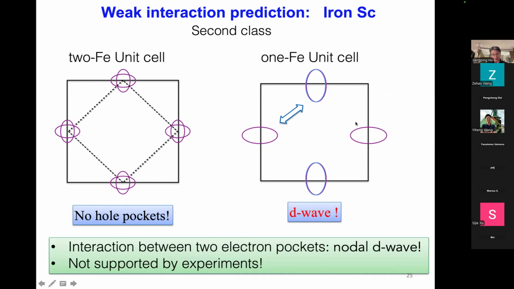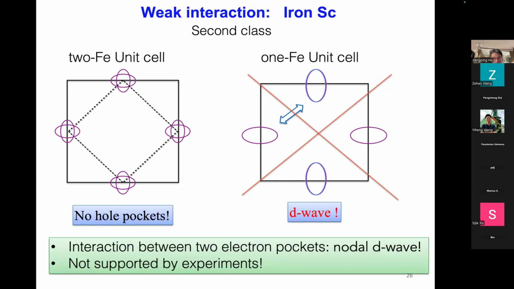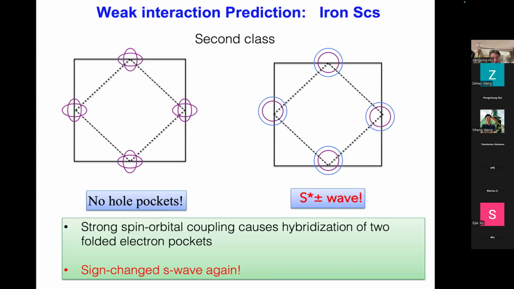So at that time I think the weak coupling picture is not right. But later, Igor Mazin made another argument. Let me show his argument. Actually, he argued that it becomes another S plus minus state. The argument looks like this. You have these electron pockets at the corner, and they can hybridize.